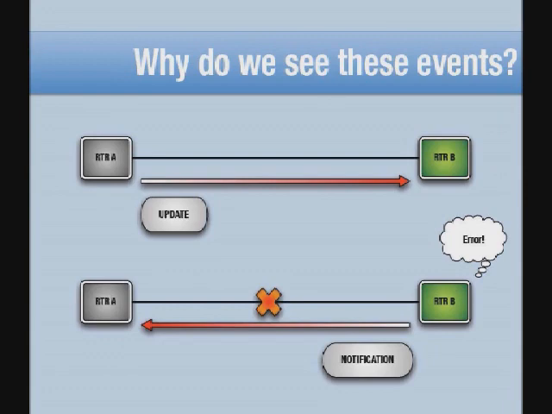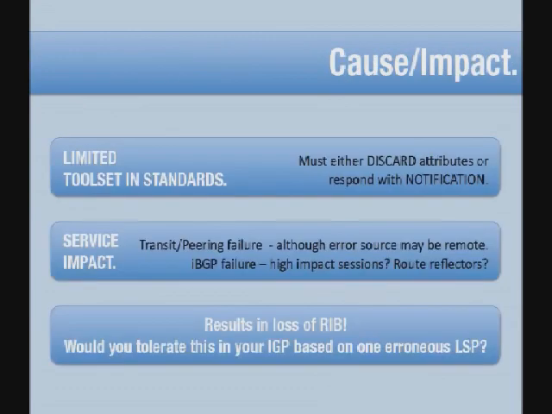There is some utility in this, and I'll come back to why, especially in terms of limiting the scope of these invalid updates. But in a lot of cases this is really suboptimal. To summarize this section, and this is the justification for why we want to look at this mechanism and see whether it's going to change: the cause of the issue is that there's a limited tool set in the standards.